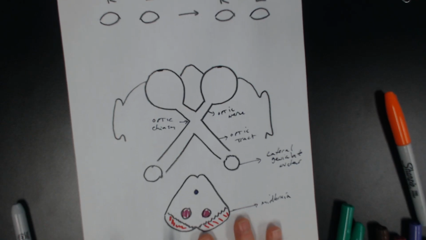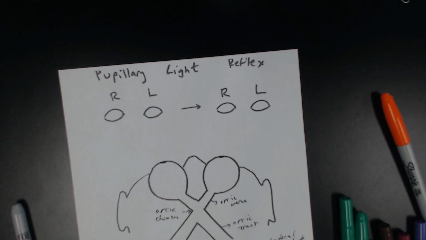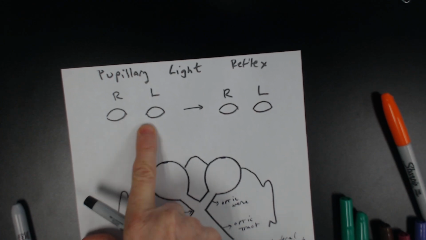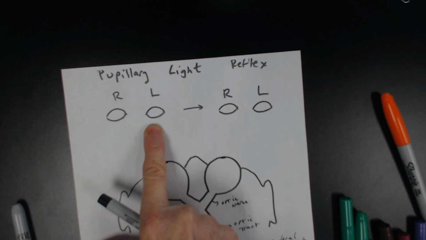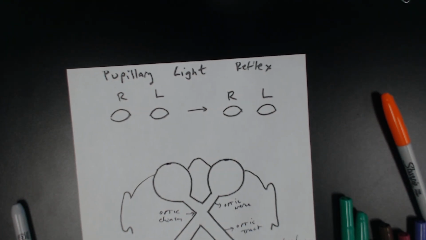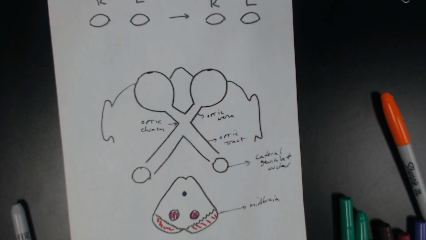Okay, and then if we move up here, what I'm showing you, these are eyes. This is the right eye, and this is the left eye, and we're going to look at the pupillary light reflex. So we also have to draw in that cranial nerve nucleus that's involved in pupillary constriction.